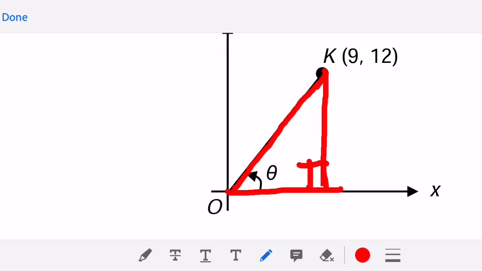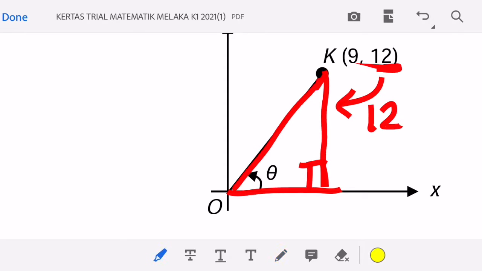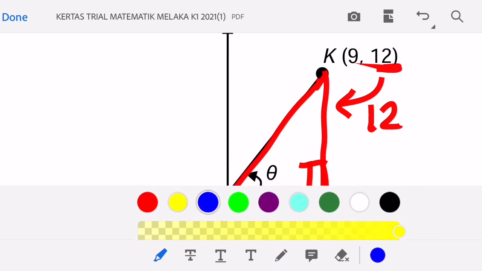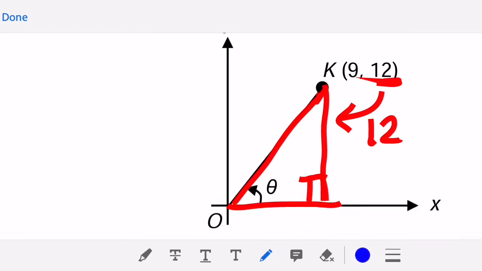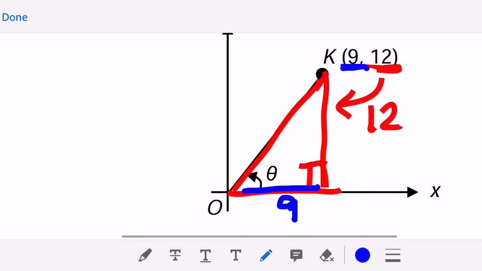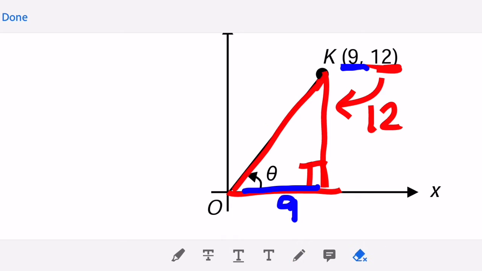So this is y. y is always the vertical length. And then this is x. x is always the horizontal. So if you use the Pythagoras theorem, this length OK can be found using the unknown.